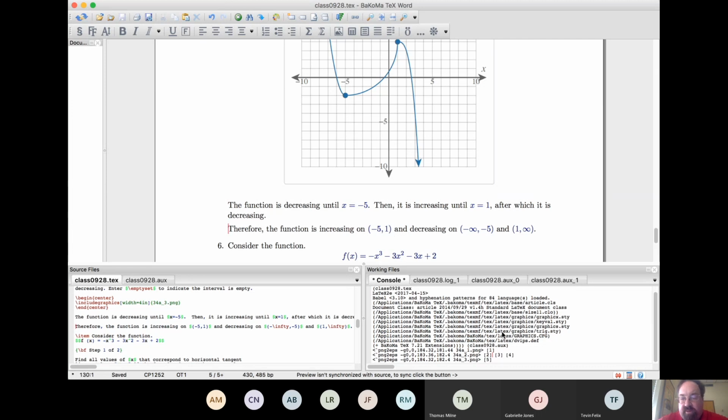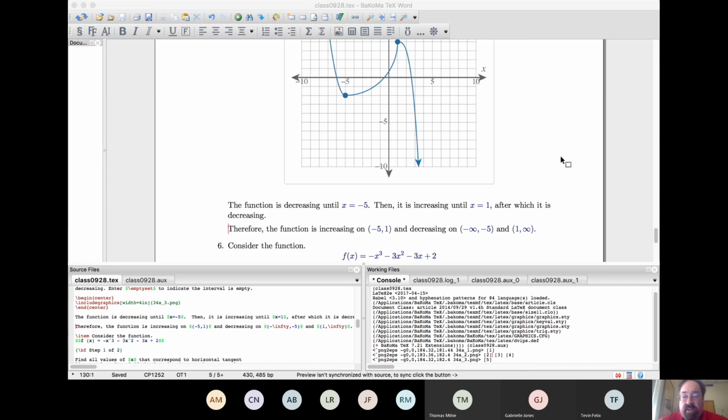And then for the other part, where it's wanting to know where it is decreasing, you have two intervals to specify in this case.